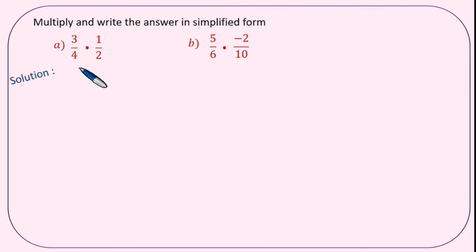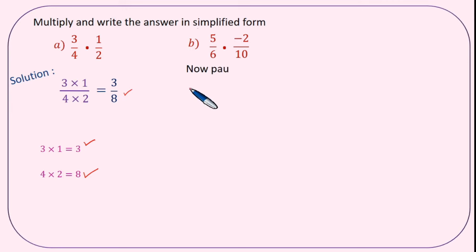First one: multiply the numerators, 3 times 1, over the denominators, 4 times 2. Is it possible to simplify? No, you are right. So just multiply: 3 times 1 is 3 and 4 times 2 is 8. So this is equal to 3 over 8. Very simple multiplying of two fractions.